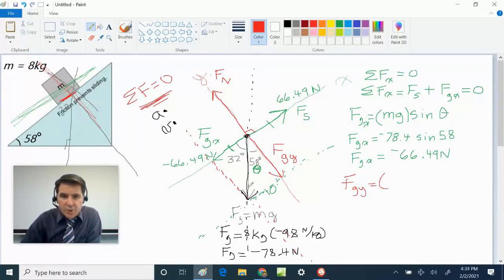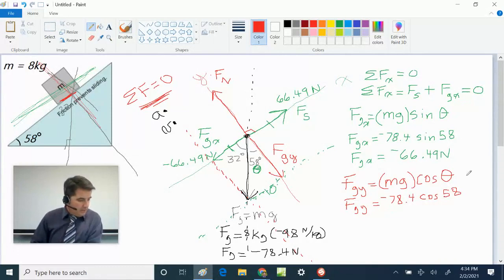It's going to be mg, the hypotenuse, times cosine theta. And so FGY will be equal to negative 78.4 times cosine 58.